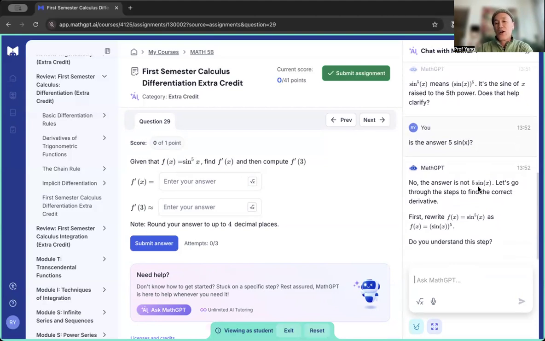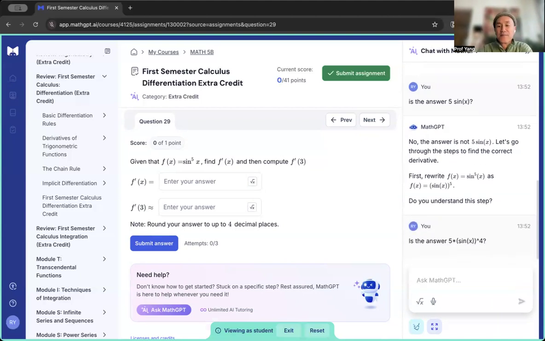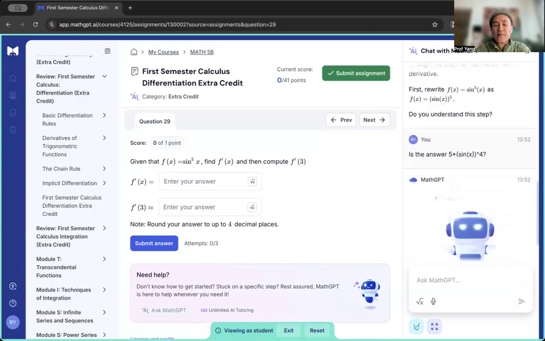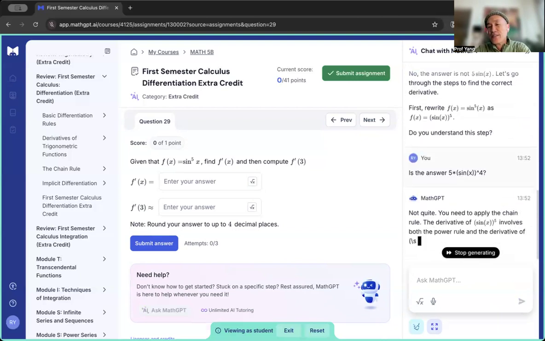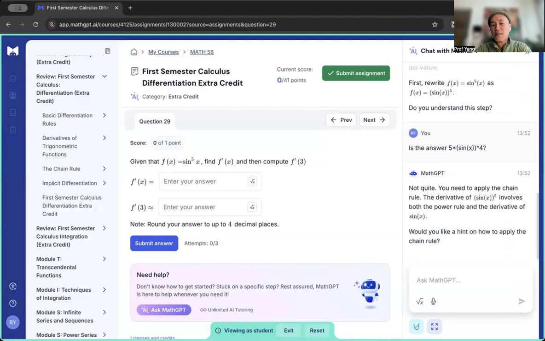Let's say that I'm like, oh, I got to use the power rule. So maybe I say, is the answer 5 times sine x to the fourth power? And it says, no, you need to apply the chain rule, blah, blah, blah.